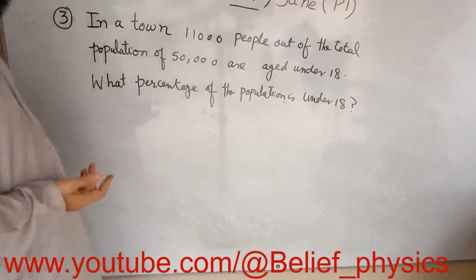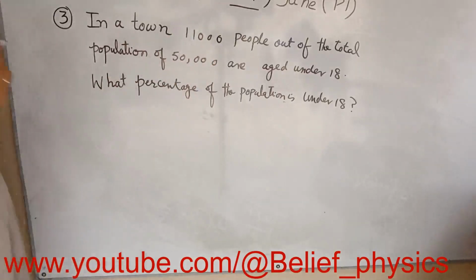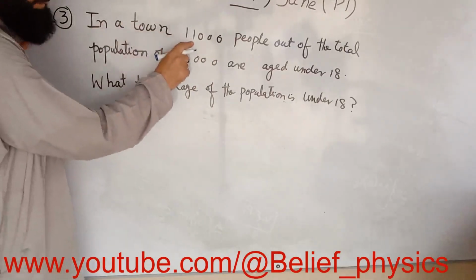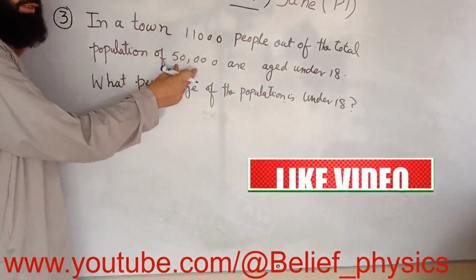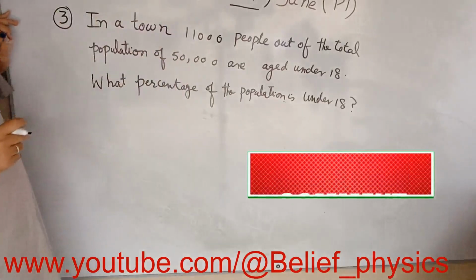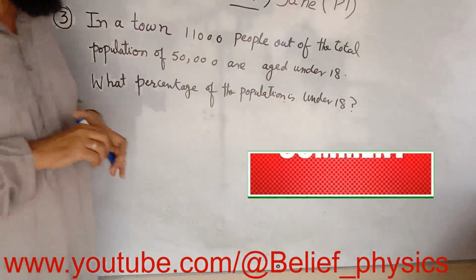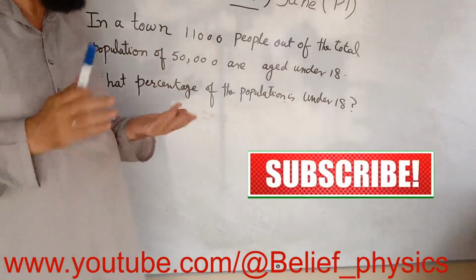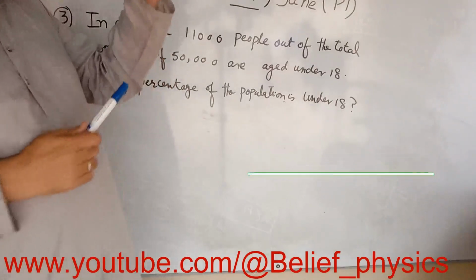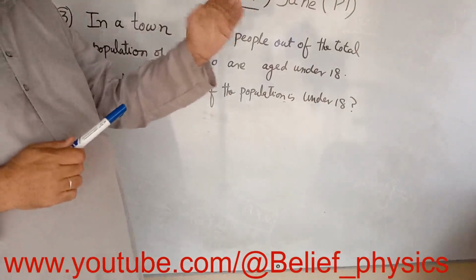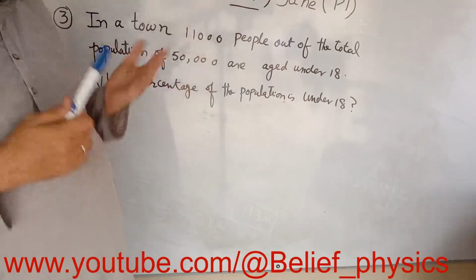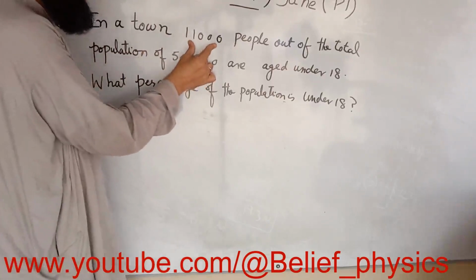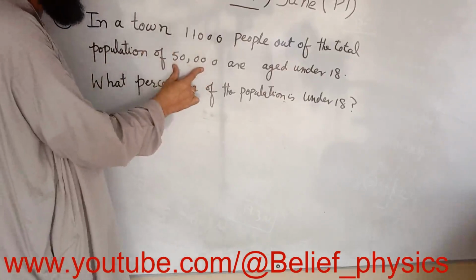When we have to find the percentage, we do it like this: part divided by total into 100%. Suppose you obtain 30 marks out of 35, how do you find the percentage? We put marks obtained, 30, over total marks 35, into 100%. Here, under 18 is 11,000 and the total is 50,000.